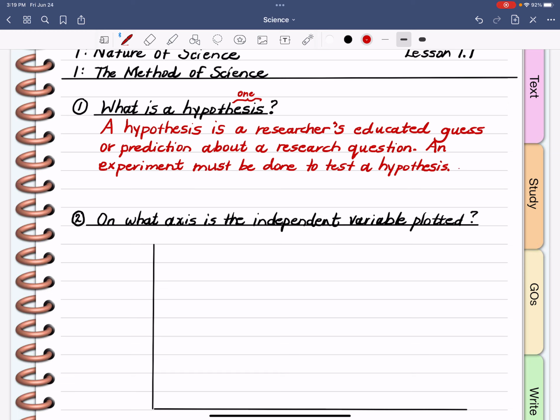A hypothesis is supported by the experiment. I'm not going to add that much. I'm just going to say supported or rejected. That is a very good answer to that question.